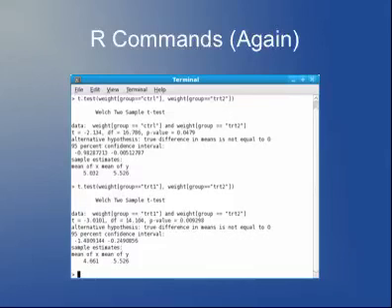Now, to test the other two null hypotheses of no mean difference between the control group and the second treatment group, you can do the same sort of thing: t.test weight, group equals control, weight, group equals treatment 2.